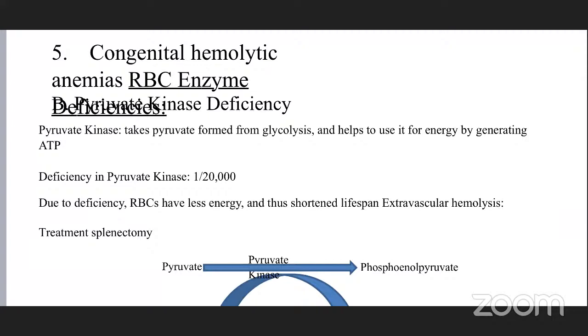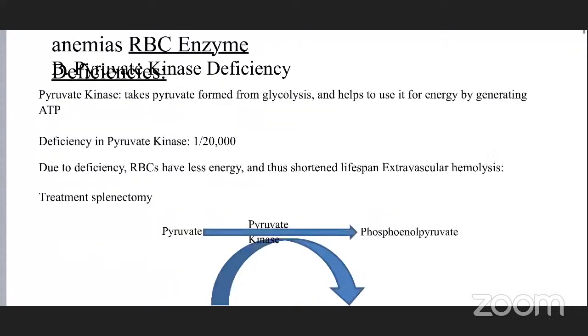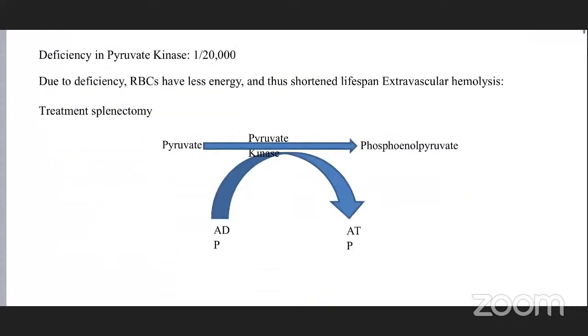Due to the deficiency, RBCs have less energy and thus a shortened lifespan, and extravascular hemolysis happens. Treatment is splenectomy, and these patients need transfusion until we do the splenectomy. Usually it is not regular transfusion initially, and when they have hemolysis from infection or any triggers, we give packed RBCs, ending with splenectomy.